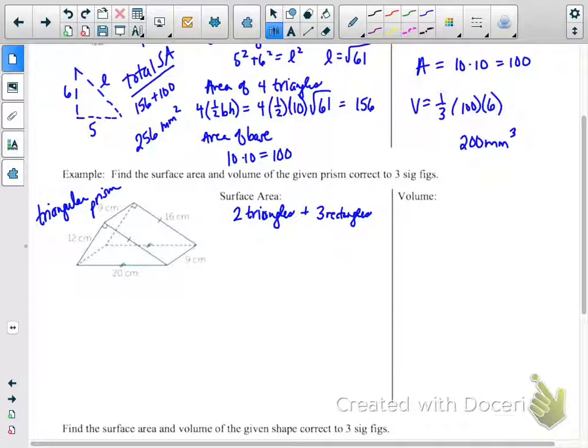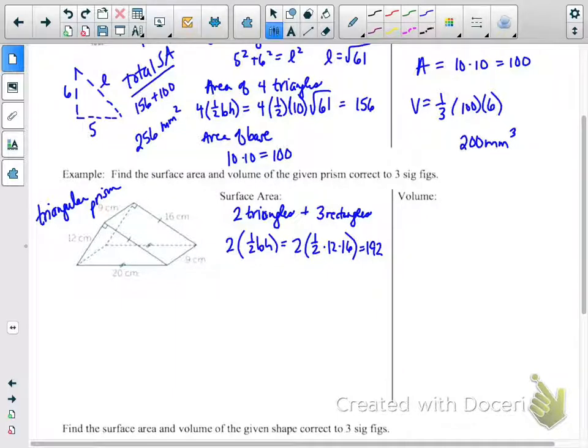Okay. So to find the area of my bases, I'm going to take 2 times 1/2 base times height. Okay, so my base is a right triangle, so that's nice because base and height in a right triangle are your legs. Here's 16 back here, which means it's 16 in the front too. So that's going to be 1/2 times 12 times 16. The 2 and the 1/2, those cancel out. So 12 times 16, that's going to be 192 for my triangles.